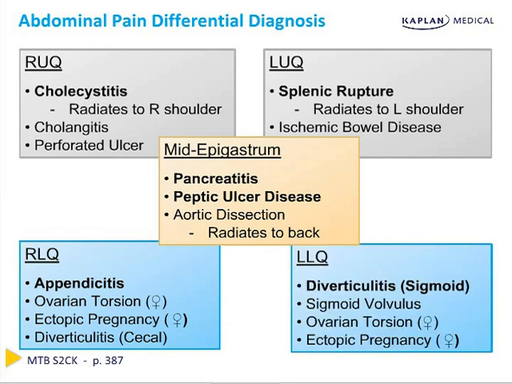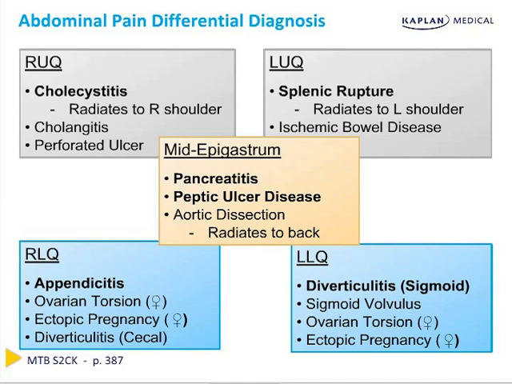Speaking of diverticulitis, it is the number one cause of left lower quadrant pain on the exam, especially in older patients. The sigmoid colon is much more likely to be affected by diverticular disease than the cecum, so classically this is where diverticulitis pain occurs. Volvulus, or twisting of the large bowel, is also most common in the sigmoid colon, and will present with pain in the left lower quadrant as well.